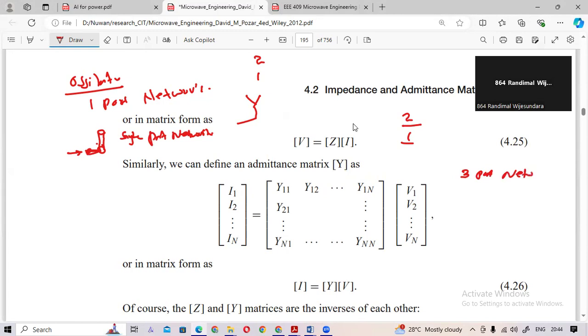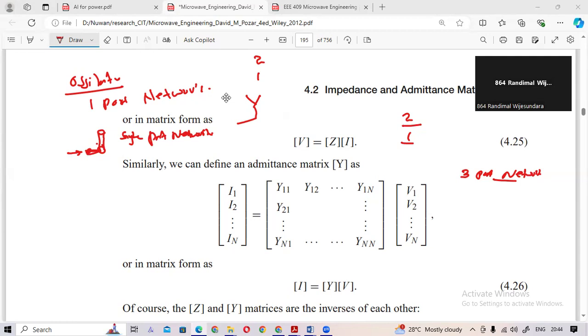Are there three port networks? Can you give an example of a three port network? Transistor. A transistor is not three ports, no? Tell me, is an op-amp three ports? No, it is a two port device.